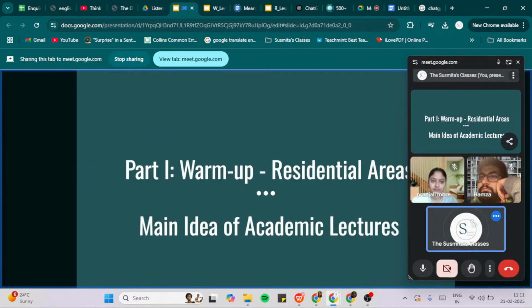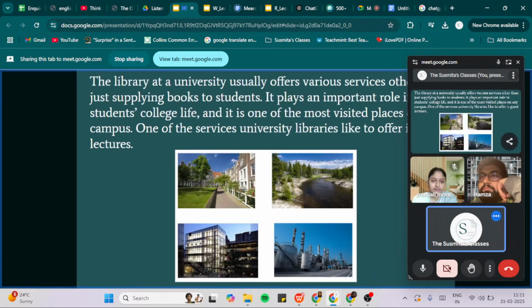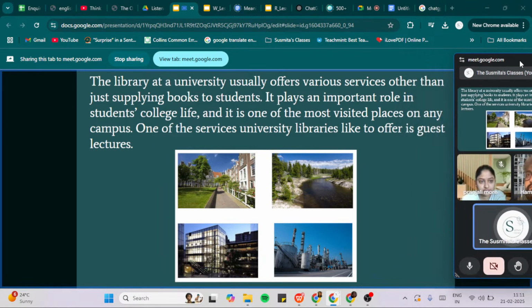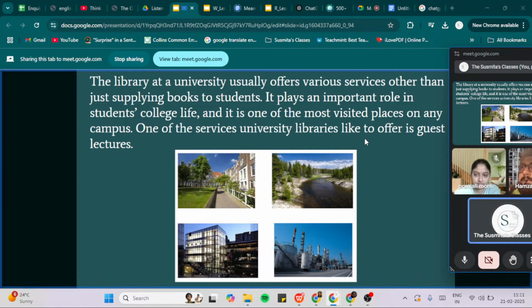Okay, now the first warm up part that we have over here is the residential areas. So, when you are at the library at your university, it will usually offer various services other than books and all the other things that they offer, correct?